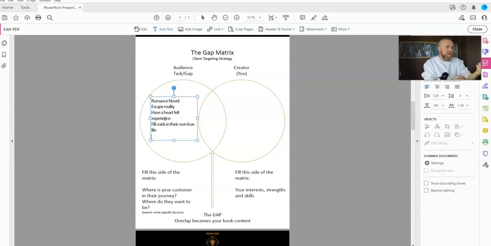So they want all these things emotionally, but there's also the rational side, okay? So they don't want to pay too much to achieve a heartfelt experience or to escape their reality. They don't want to pay too much to fill the void in their own love life through this novel at this point in time in their experience, right? In their human experience as they're traveling through life. They also want a quality experience.